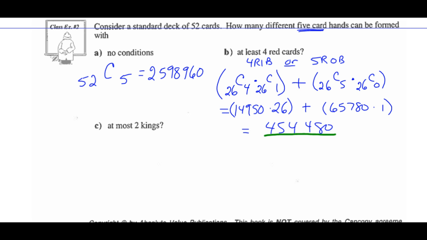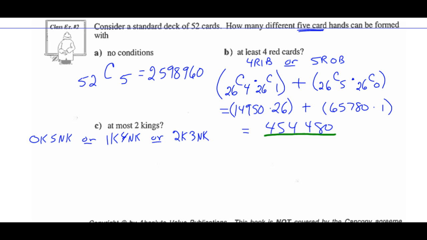What about part C here? How many different 5-card hands can be formed with at most 2 kings? So at most 2 kings, well, we could have 0 kings and 5 not kings, or we could have 1 king and 4 not kings, or finally we could have 2 kings and 3 not kings.